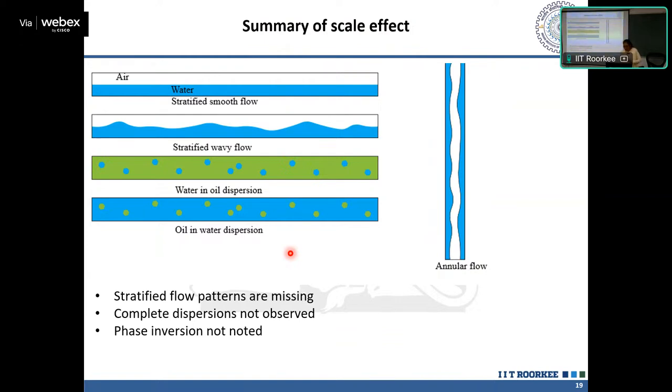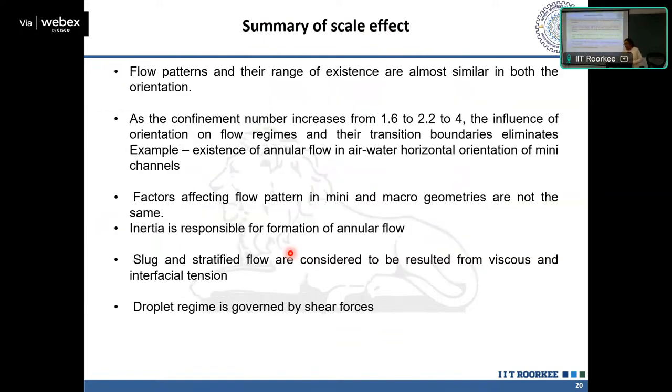So what is the difference that we get when we move to miniature geometries? This is a summary of the experiments we have done in miniature geometries with different confinement numbers, looking at the effect of orientation. We performed the experiments with hydraulic diameters of 1.65 mm, 1 mm, and 0.65 mm, with confinement numbers corresponding to 1.6, 2.2, and 4, and the fluids are air and water.